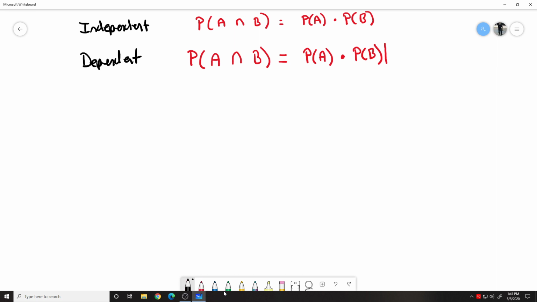When we read this, this means given A. So the way we would read this, from left to right, if it's dependent events, we would say the probability of A and B happening is the probability of A happening times the probability of B given A.